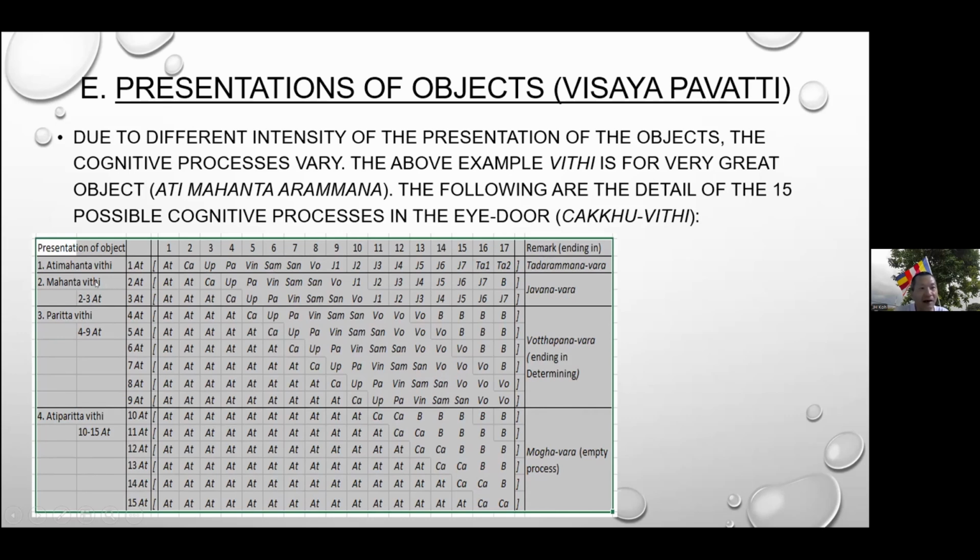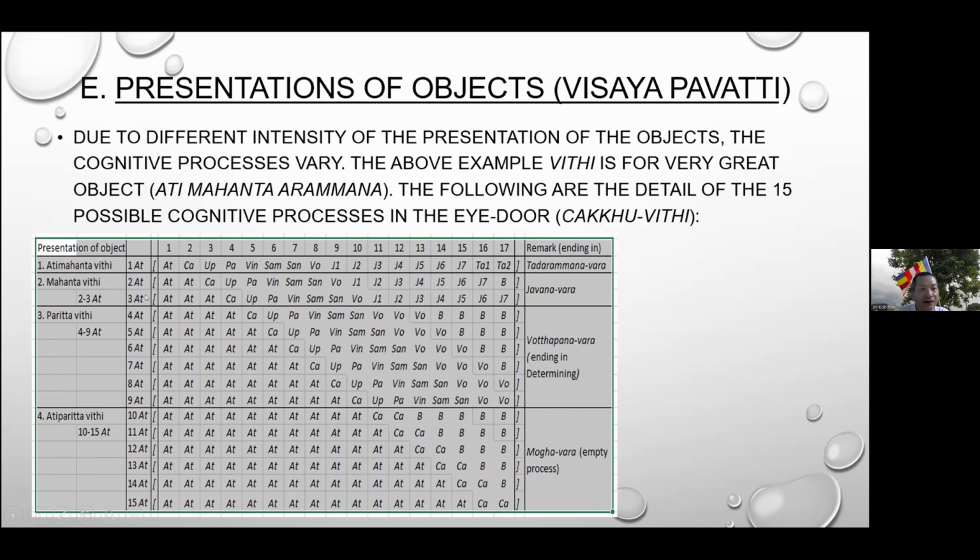In the case of Mahanta Vithi, there are two past Bhavanga here. So as a result, if we take away the registration, there is only one space here, and it cannot take two registrations. So as a result, this is replaced by Bhavanga, to allow the 17 mind moments to fill up the space.